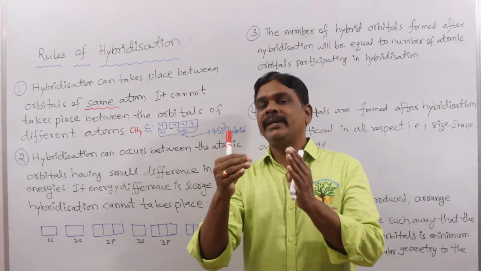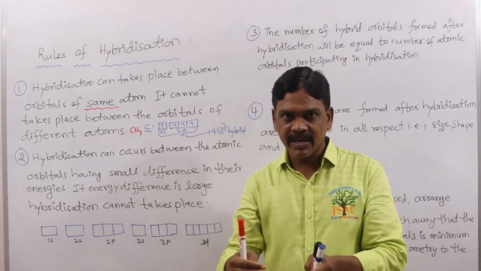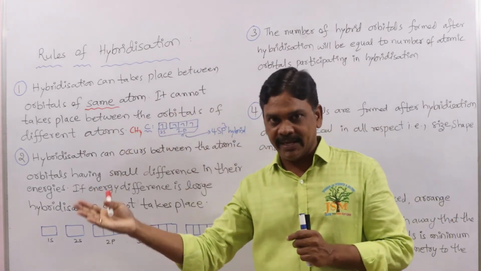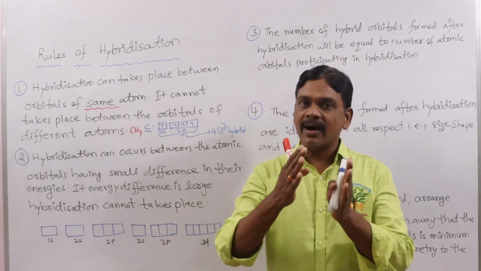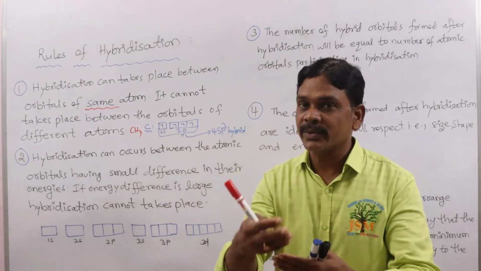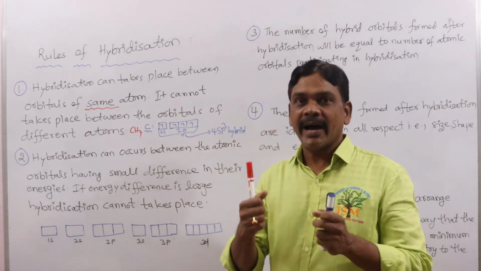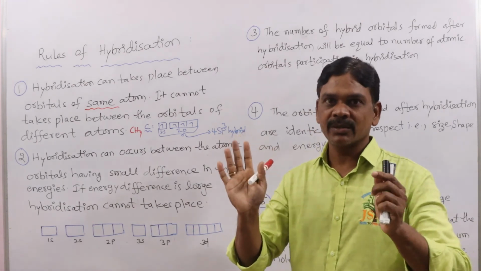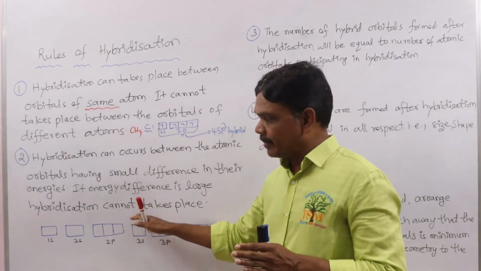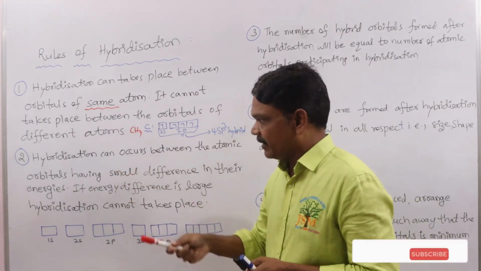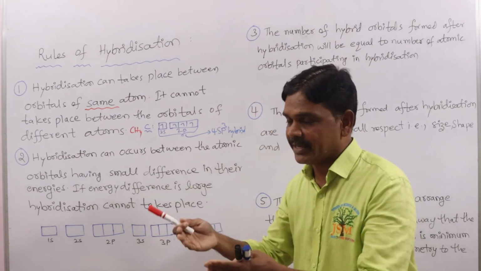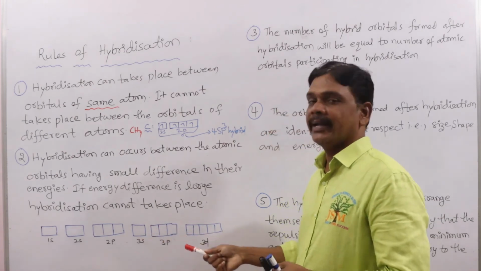The process of intermixing of atomic orbitals having same or slightly different energies to produce the same number of identical new orbitals. So the definition itself explains all these points, but it is important to explain point-wise. The second point says orbitals having same or slightly different energies only are involved in hybridization.